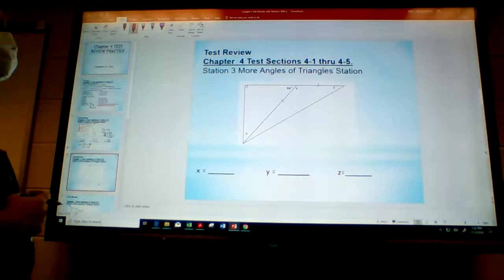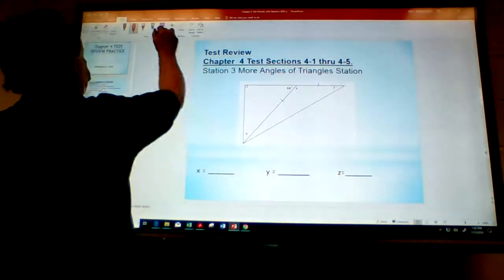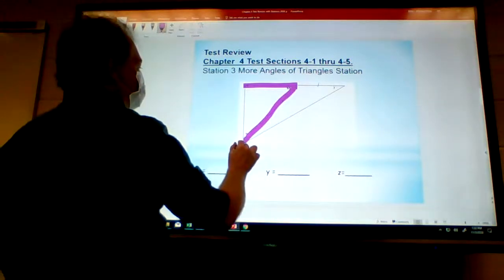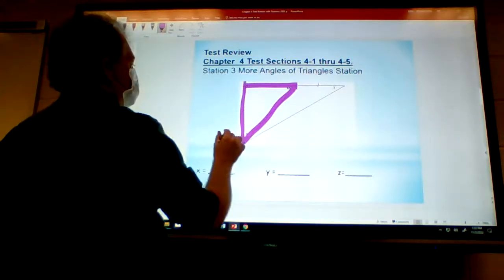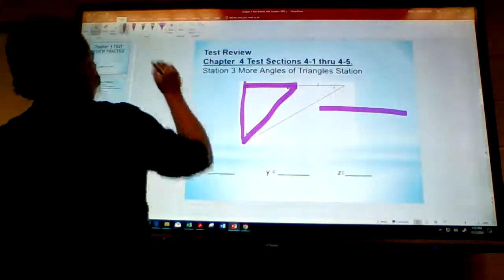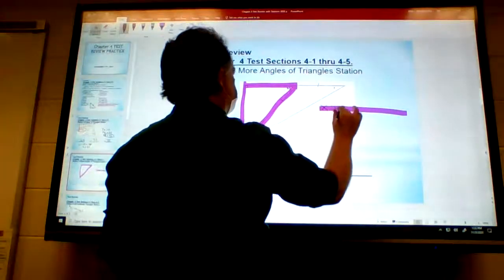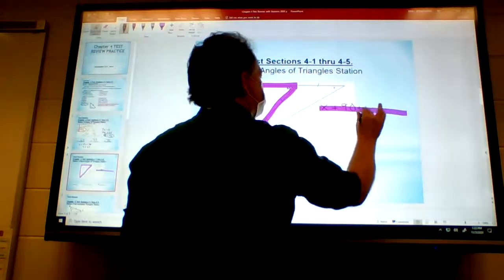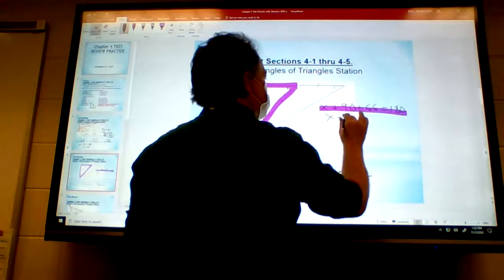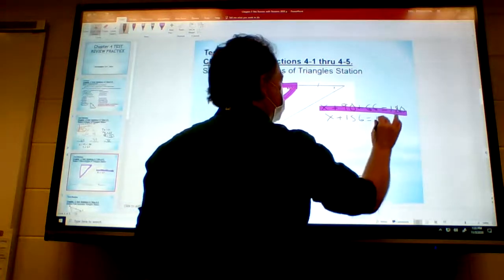All right, now, here's our next one. Well, let's look for the first triangle right here, and I'm going to highlight it right there. Okay, so for that triangle, x plus 90 plus 66 equals 180. So x plus 156 equals 180.